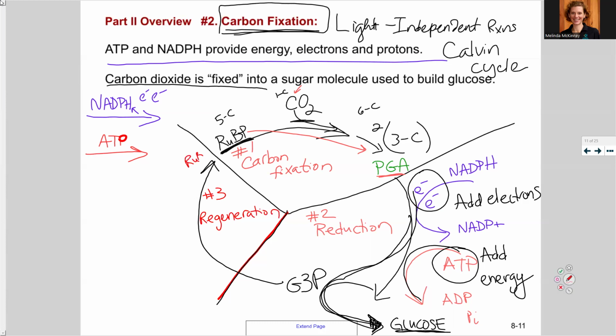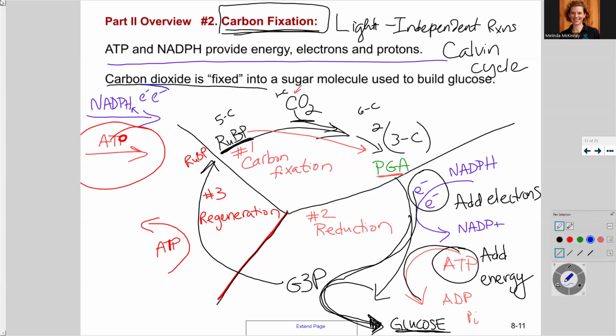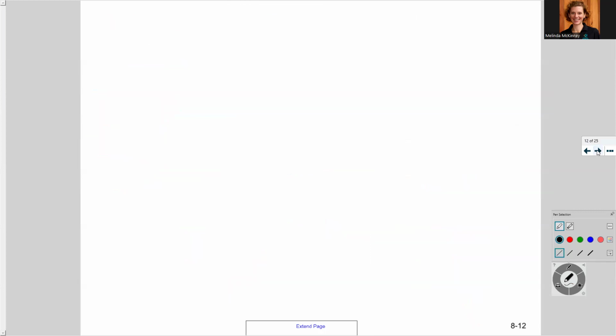RuBP, we're making it again. It does take a little more energy, so we're going to add in a little bit more ATP during this process. So the ATP is from the light reaction as well as the electron carriers, and that's what's ultimately going to make this organic molecule down here, this carbon molecule, which is then going to make glucose. All right. Okay, the end.